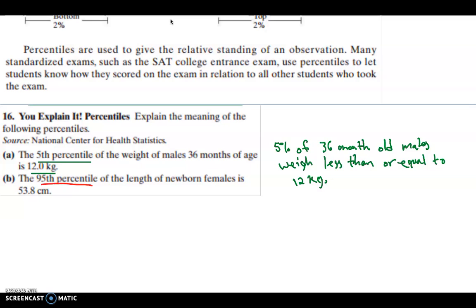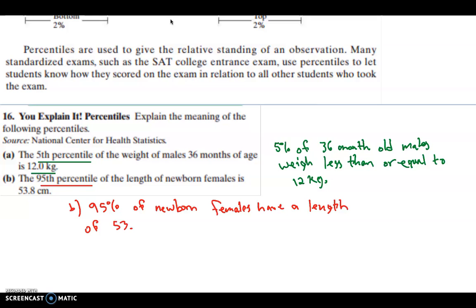Then for the 95th percentile of the length of newborn females is 53.8 centimeters, we would say that 95% of newborn females have a length of 53.8 centimeters or less.